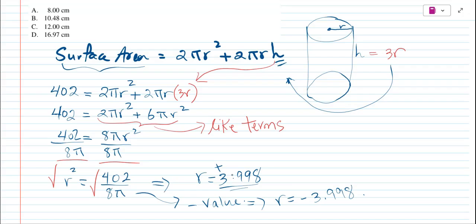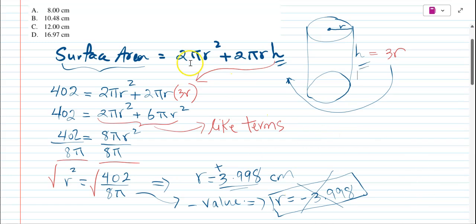But there is no such thing as a negative radius, so we cannot accept a negative measurement. So the radius is 3.998 centimeters.